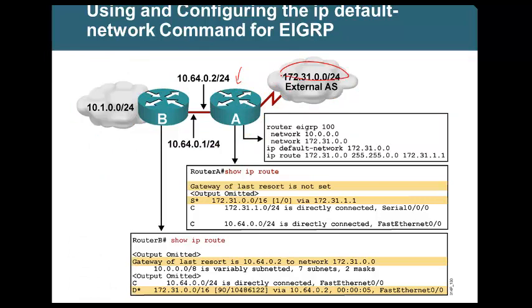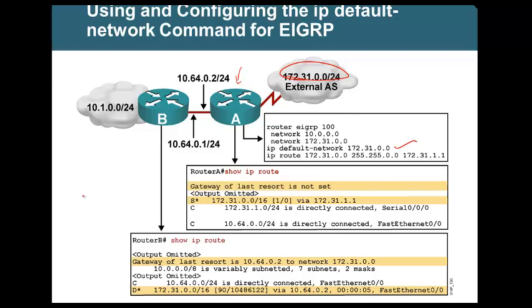ISP will take care of it. You just send it to ISP. So using the default network command, you are defining which network is responsible for unknown destinations. Where an unknown destination packet needs to be sent, it needs to be sent to ISP.